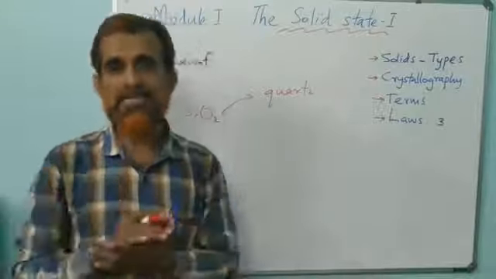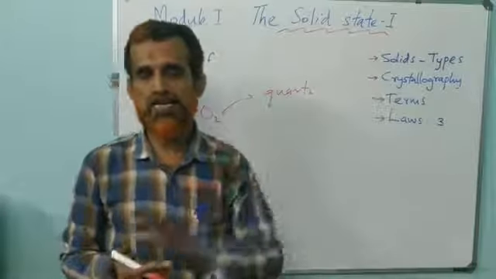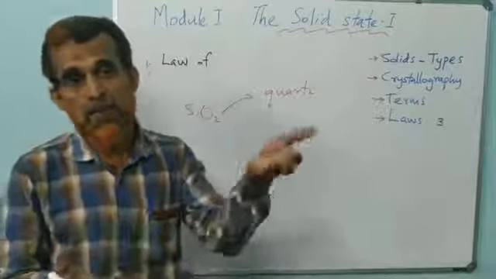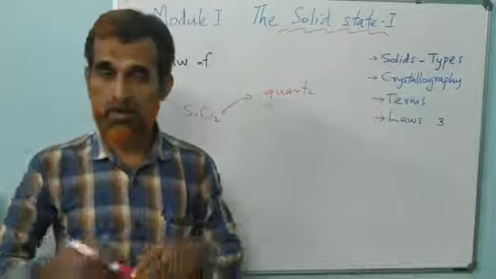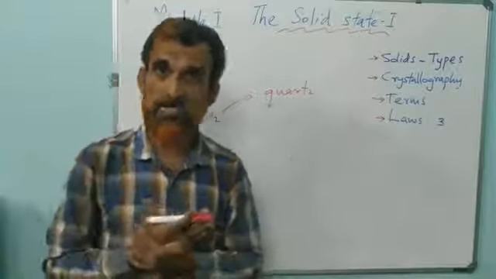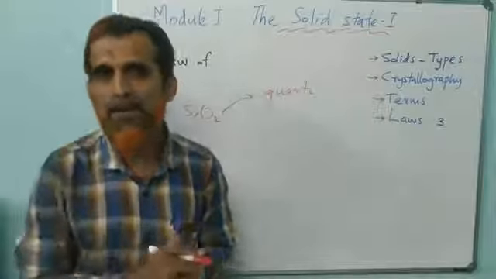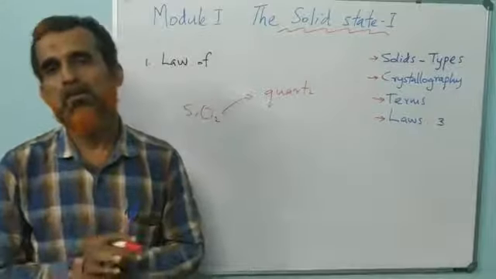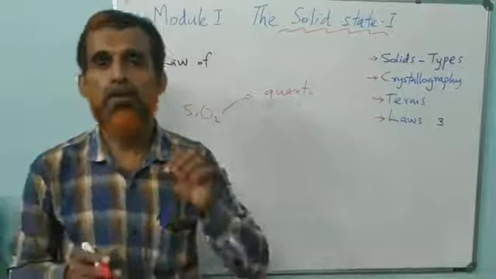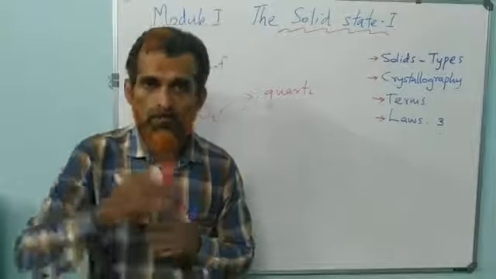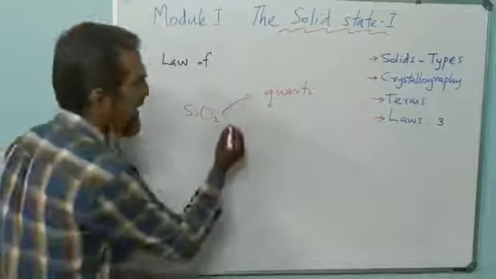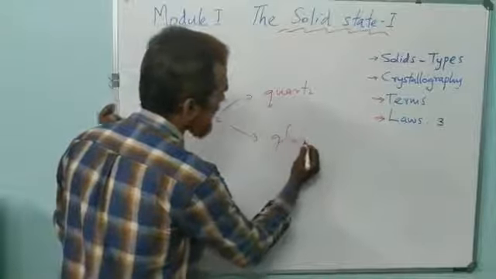It is melted and the molten silica is immediately cooled without giving sufficient time for crystallization. What will happen? That will become amorphous. It will form the amorphous state, and that is what we call glass.